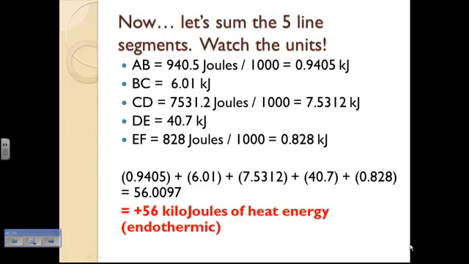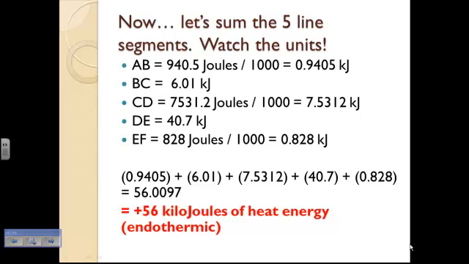However, be careful. Notice that line segment AB gave us a value of 940.5 joules. Line segment BC ended with 6.01 kilojoules. Line segment CD, we ended with joules. DE was in a kilojoule, EF joule. Before we add together, we must convert to have like units.